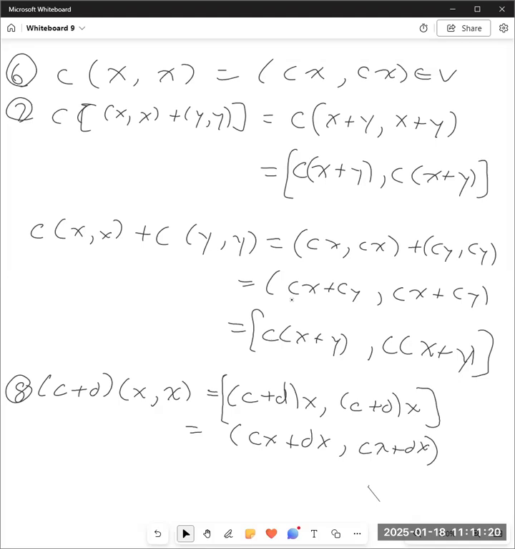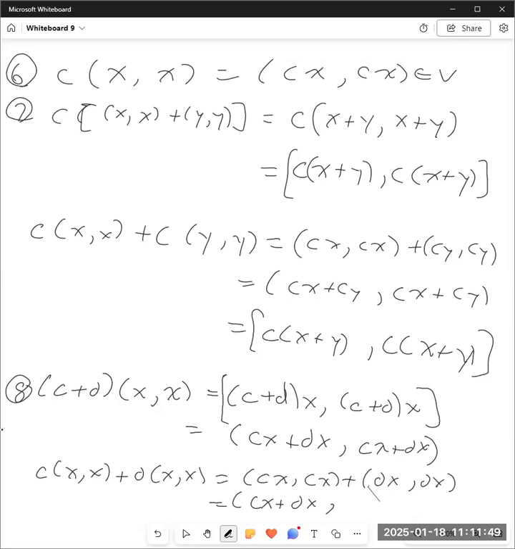And I want to see if that's the same thing as cx plus dx. Yeah, that's right, they're all x's. cx plus dx is the same thing. So we're good.